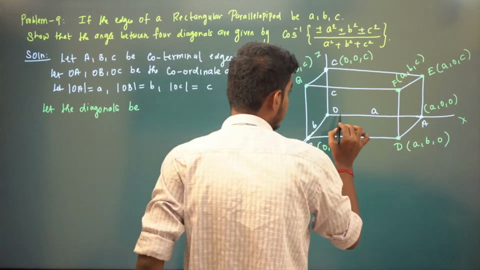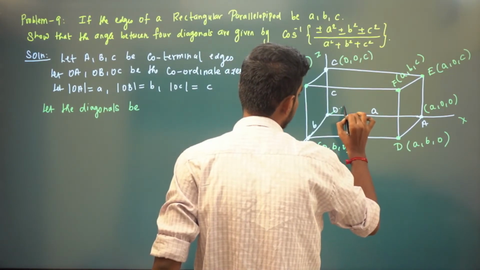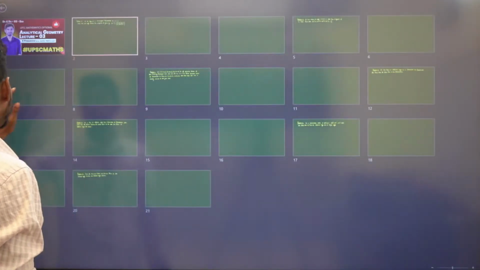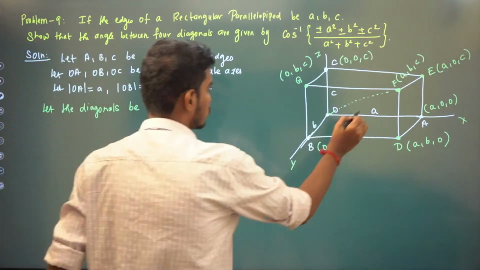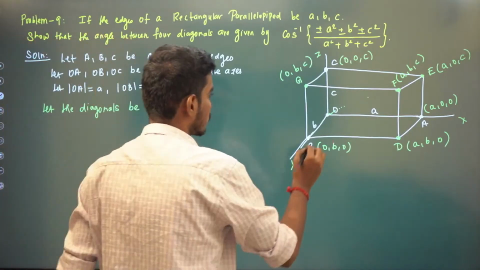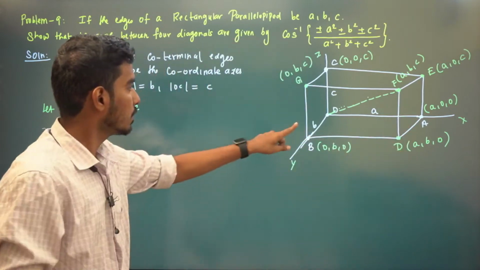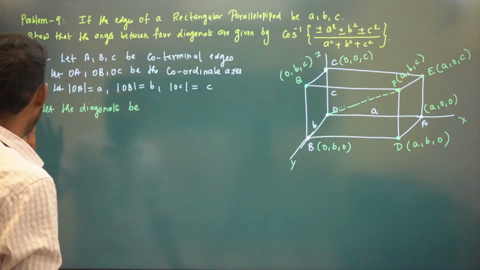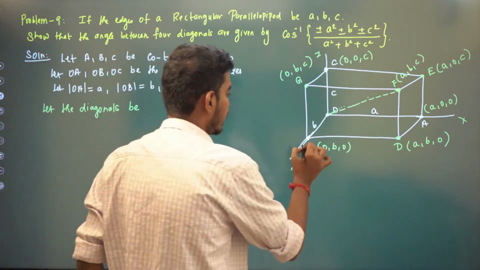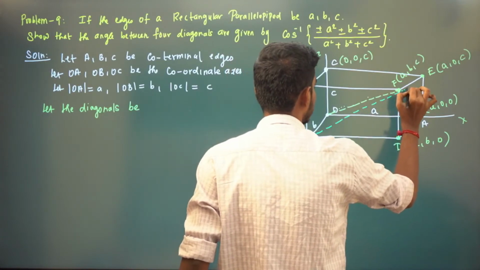The first diagonal is OF, right? OF is our first diagonal, and BE is our second diagonal, B to E, right?